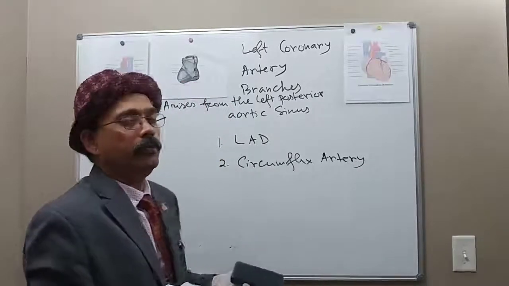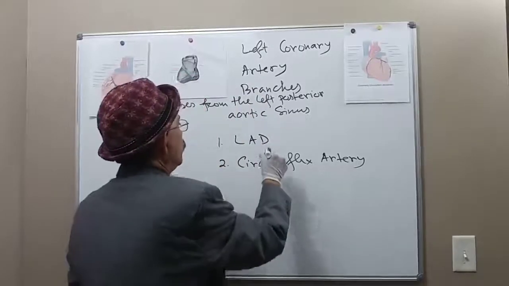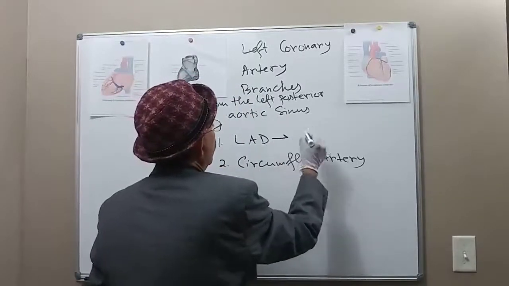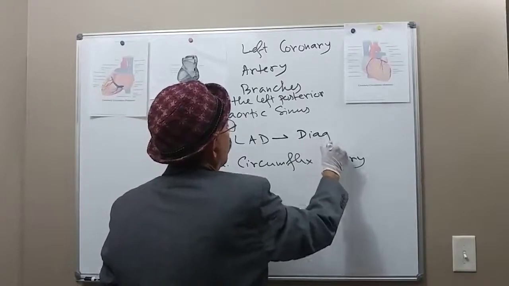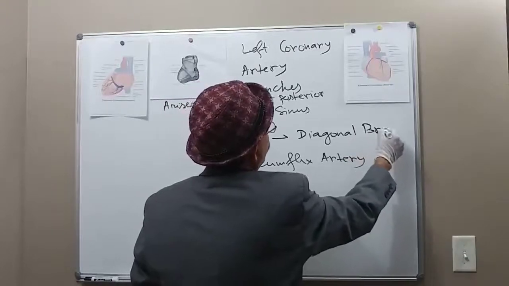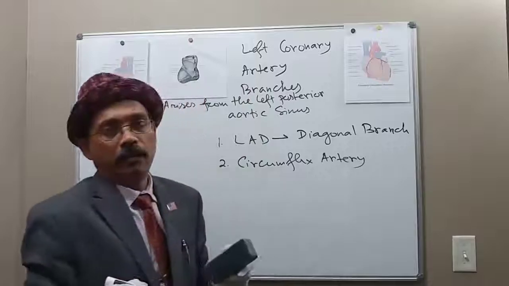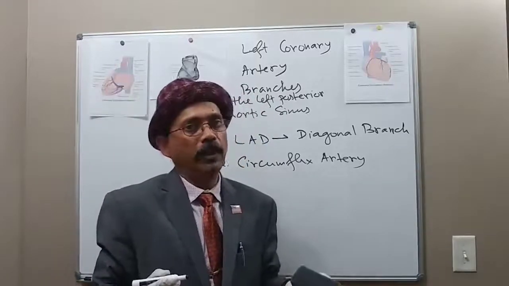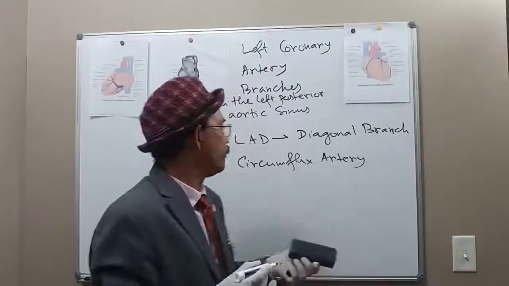From LAD we may get a diagonal branch. It comes out of the LAD, but it is inconstant. It may not be very visible in many specimens.